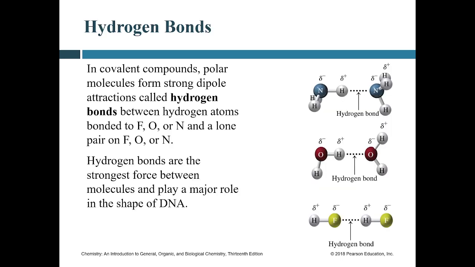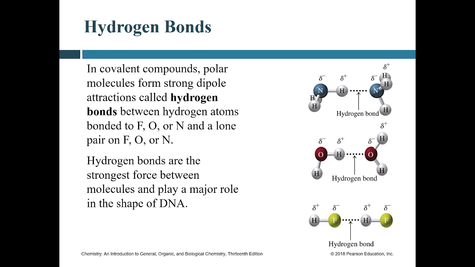Now, you may have heard of hydrogen bonds before. They're what hold together things like water, also things like proteins, and sugars, or why sugars dissolve. Hydrogen bonds are just a very special classification of dipole-dipole interactions. They're just really strong dipole-dipole attractions. That's it.